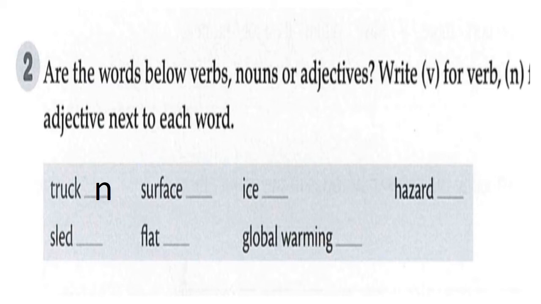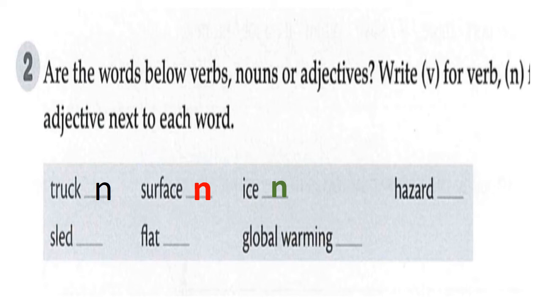Yes, it's a noun. So write it in your book, please. What about surface? Top layer of something outside. Yes, exactly. It is also a noun. Ice, frozen water. Also, it is a noun.